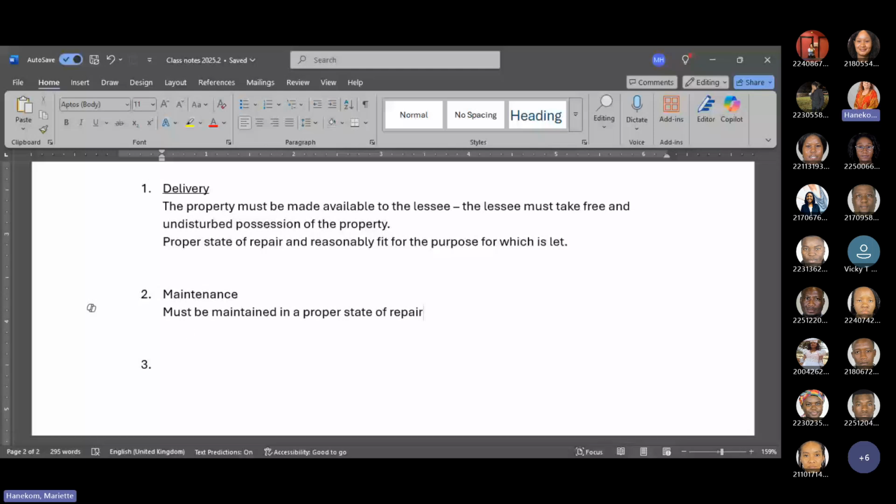So before you start shouting at your landlord about them not doing what they're supposed to do, make sure you read your actual lease agreement to see what it states in your particular instance. Because this is one of the consequences of a lease agreement which is very often varied in a particular agreement.